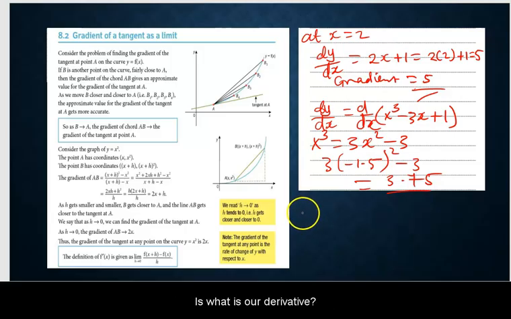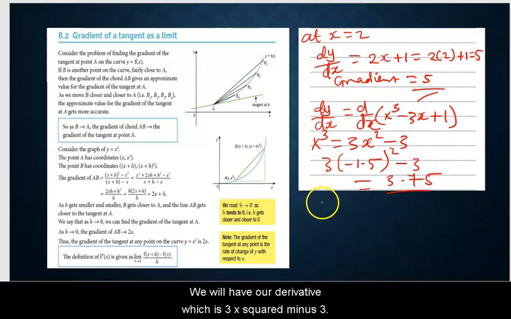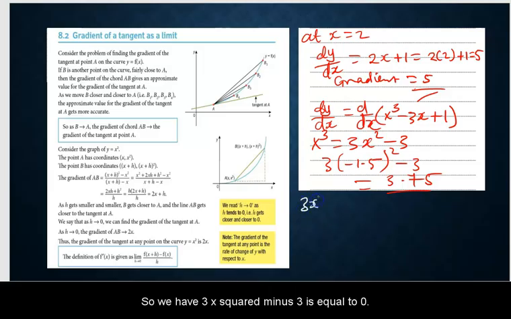What is our derivative? Our derivative is 3x squared minus 3. So we have 3x squared minus 3 is equal to 0.